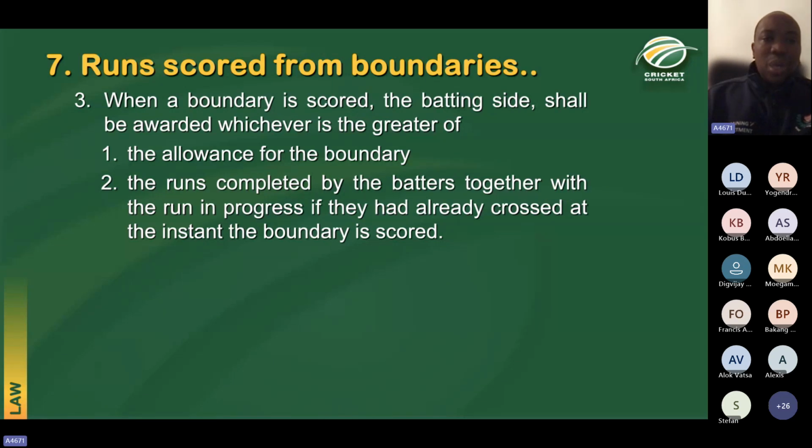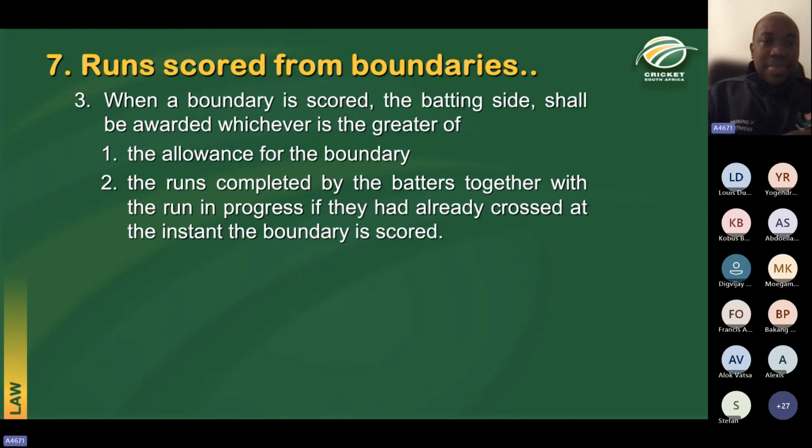So point number 2 there, what the law is saying is that if the ball is hit along the ground, and I've never seen this, but let's just imagine the ball is hit towards a very long boundary, and the batters run and run and run and run, and they have crossed for the 5th run when the ball finally trickles over the boundary rope.